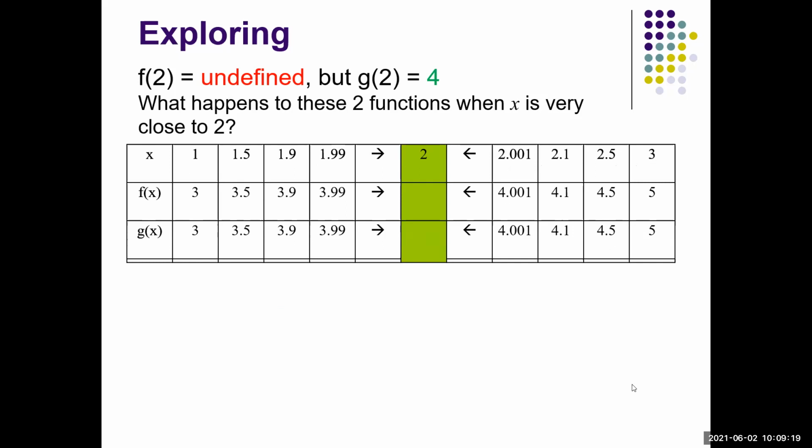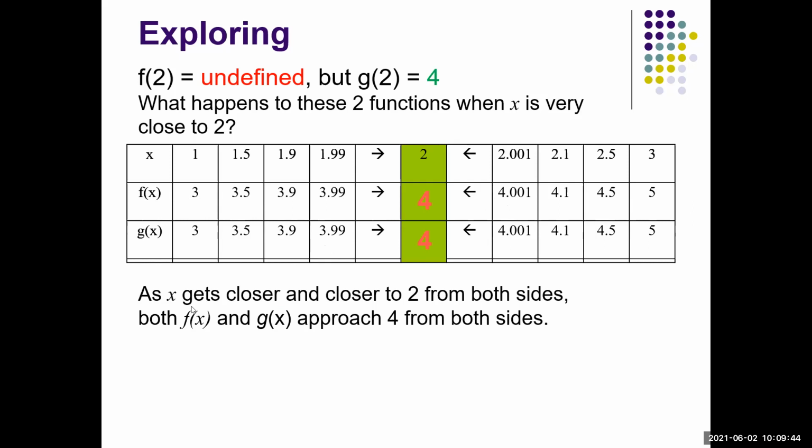Now what we can see on the left is this number getting closer and closer to what? 4. And the same thing from the right, it's getting closer and closer to 4. Since on both sides the value is getting closer and closer to 4, we say f of x and g of x in this case approach 4 from both sides as x gets closer and closer to 2 from both sides.